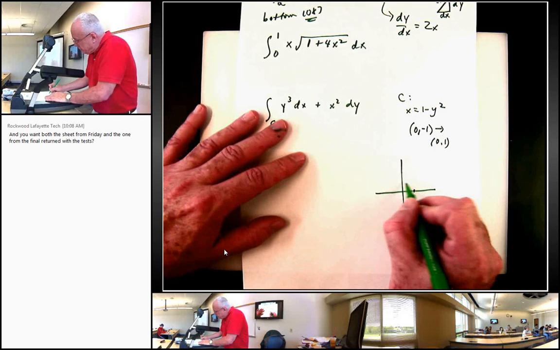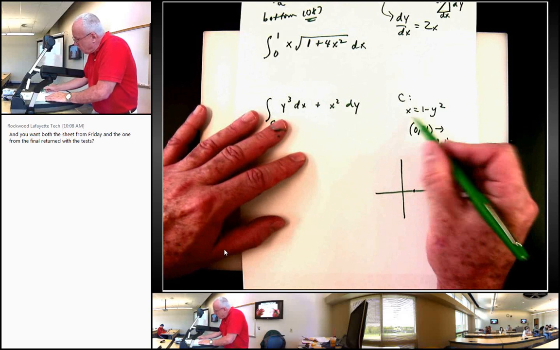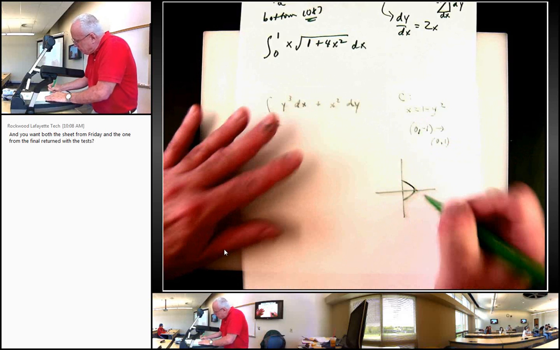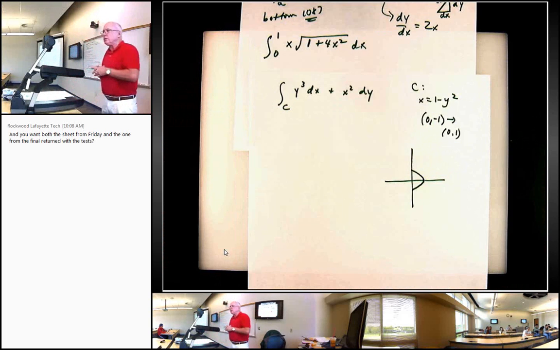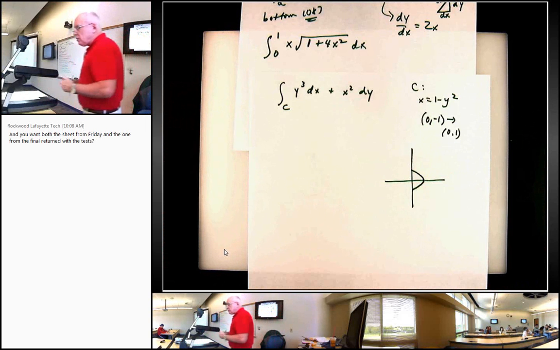So isn't this thing going to look like this one? When x is 0, y is either plus or minus 1. So isn't this part of the curve going to be looking like this? Yeah. All right. Okay, so it's a similar kind of deal.